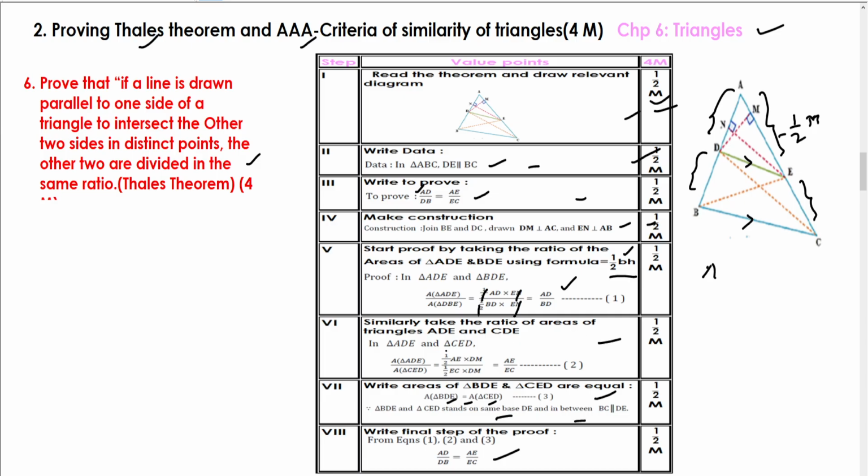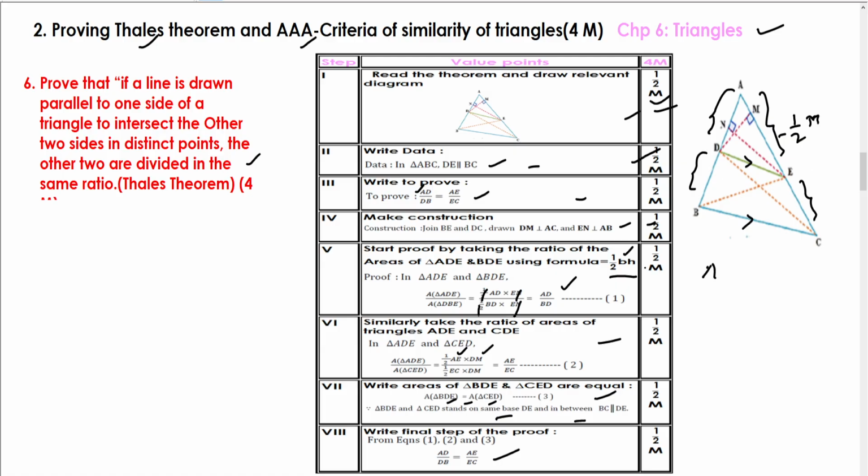Similarly, take the ratio of areas of triangles on the right hand side: ADE and CDE. Observe here DM is the common altitude for triangle ADE. Now this time the base will be AE. You write the formula 1/2 AE into DM.